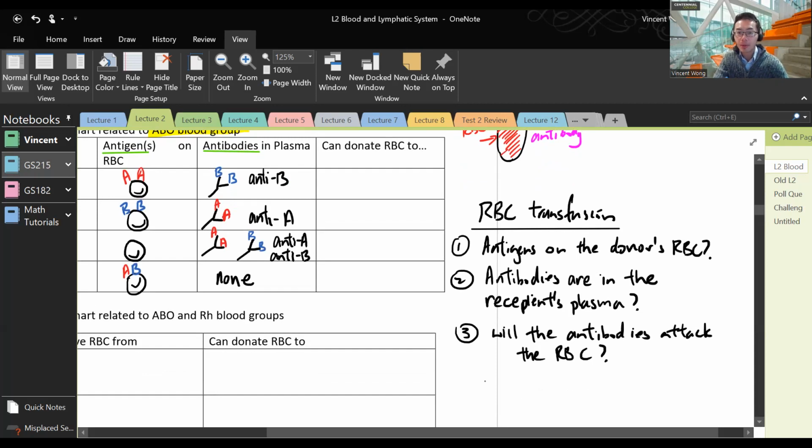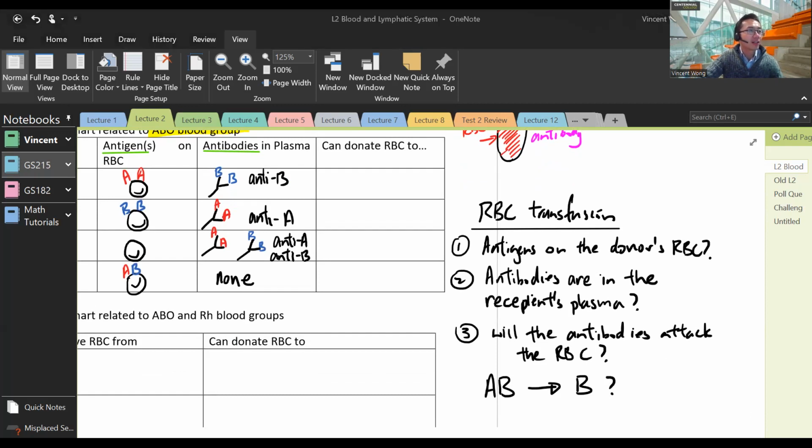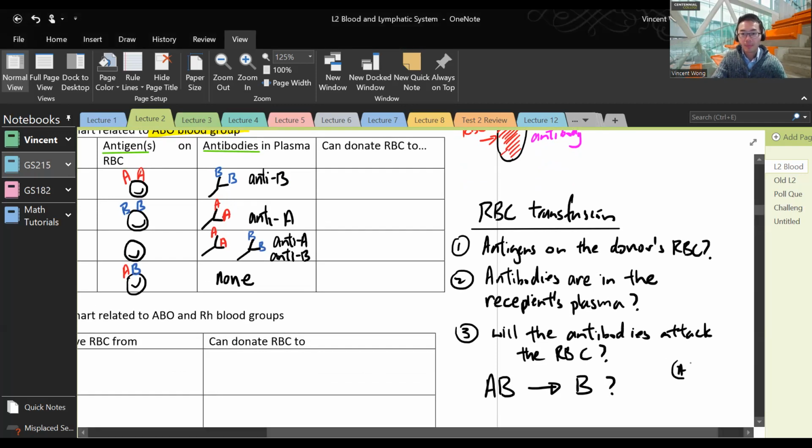So for example, is it safe to take AB blood and give it to a B person? Okay, let's just do a quick poll, right? Gut feeling kind of thing. Okay, what do you think? Is this safe or not? If you think it's safe, please choose A, safe. B, don't do it, not safe. Okay, what do you think?